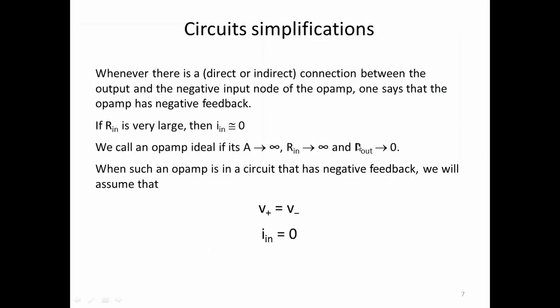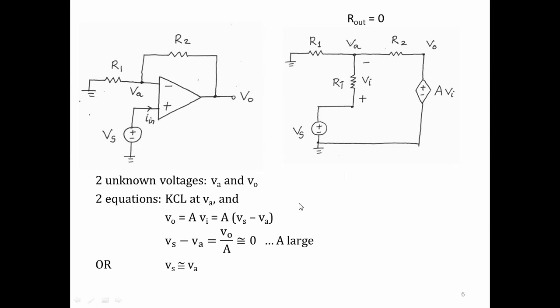And for an ideal op-amp, we can assume that V plus is equal to V minus and In is equal to 0. For an op-amp that has negative feedback, we can assume that V plus is equal to V minus and In is equal to 0. What are we saying? If this is ideal, then In is 0 because Rin is infinite.